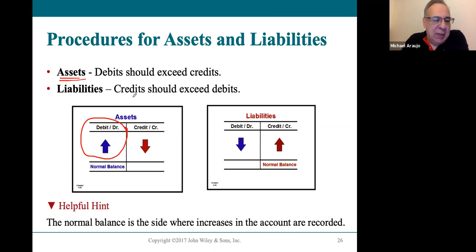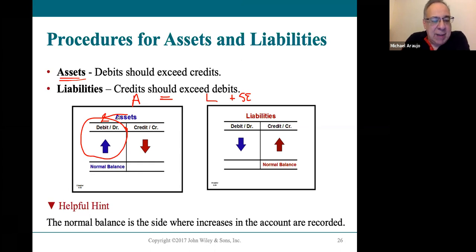You might even think about the accounting or balance sheet equation, because assets equal liabilities plus stockholders' equity. You know that the assets are on the left side of the equation. So assets increase on the left side of the account. That might be a way to remember. Assets are on the left side of the equation, and they increase on the left side of an account.